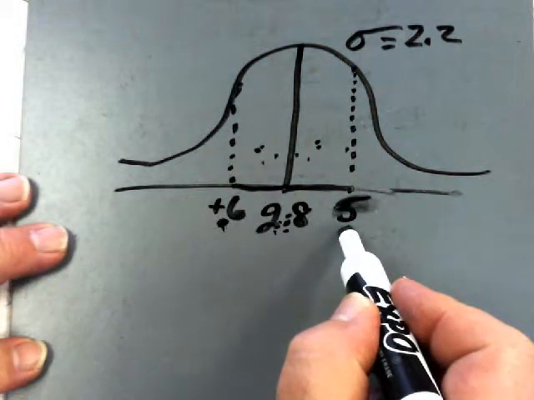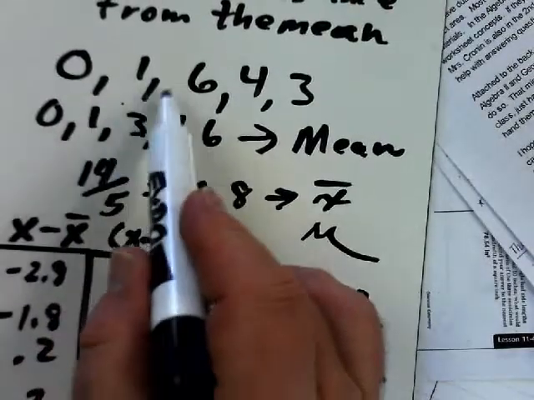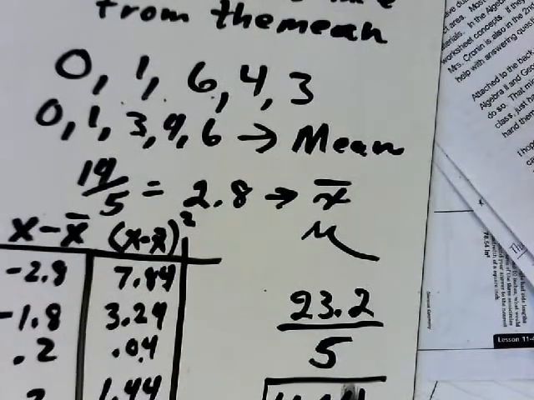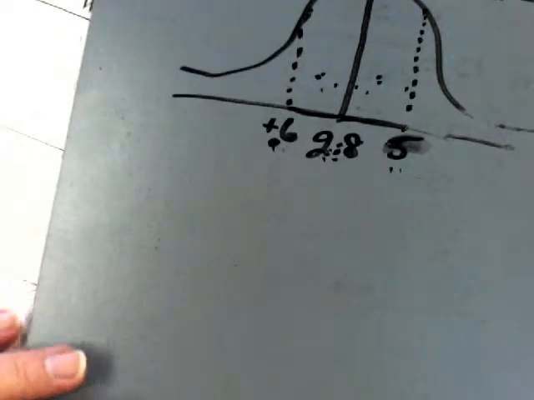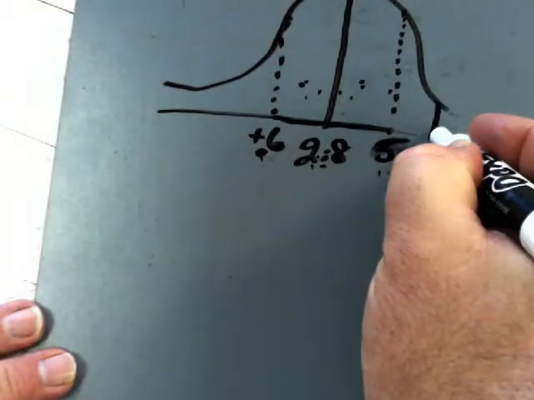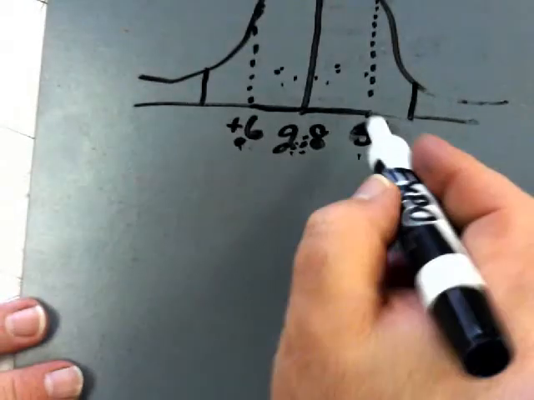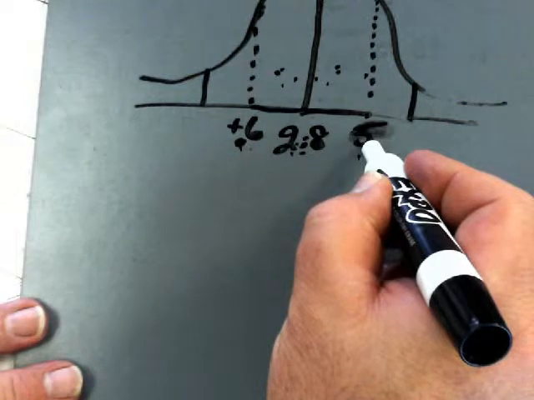From the list of numbers that you had over here, the 0, 1, 6, 4, and 3, approximately 68% of those numbers will now be between 0.6 and 5. If I wanted to find 2 standard deviations from the mean, I would take the 5 that's here, because that's one standard deviation, isn't it?